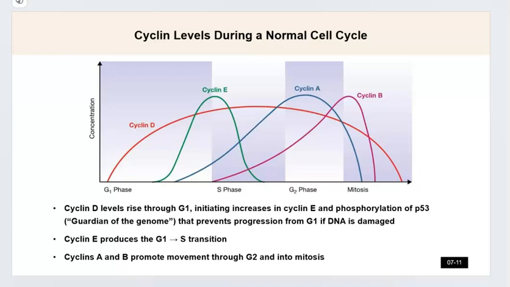This image helps explain that while cellular levels of the CDKs remain relatively constant throughout the life cycle, levels of the cyclins fluctuate with each phase.